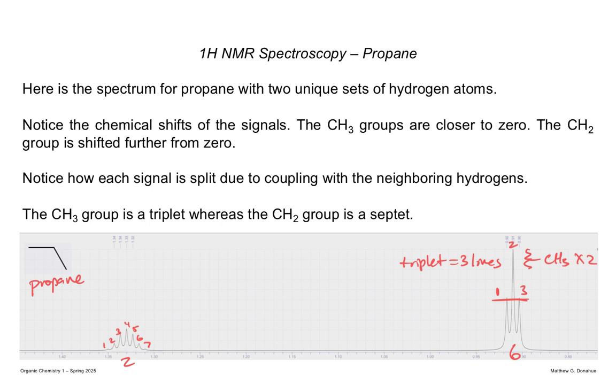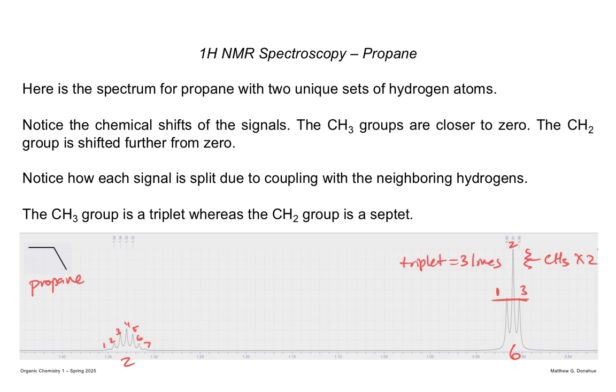So the nature of the signal, like a singlet, it only has 1 height. A doublet has 2 lines. What do you think the height of those 2 lines are? They're the same.